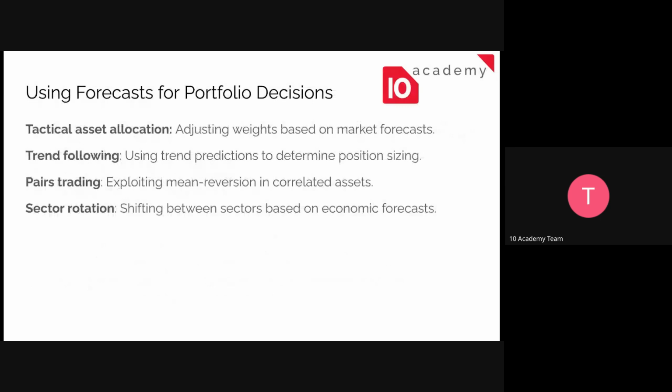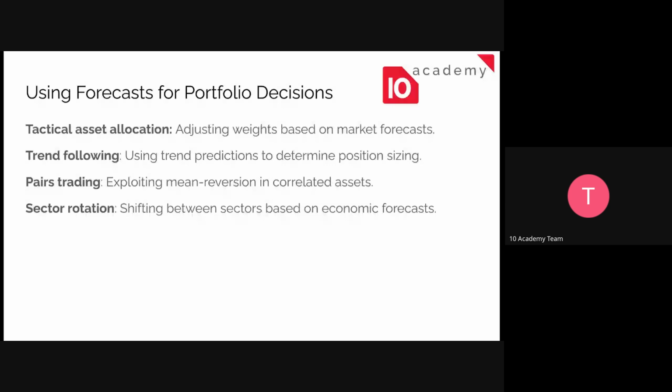Lastly, using portfolio forecasts for portfolio decisions. It could be tactical asset allocation: adjusting the weights based on the market forecast is going to help you get minimal risk with a good return.